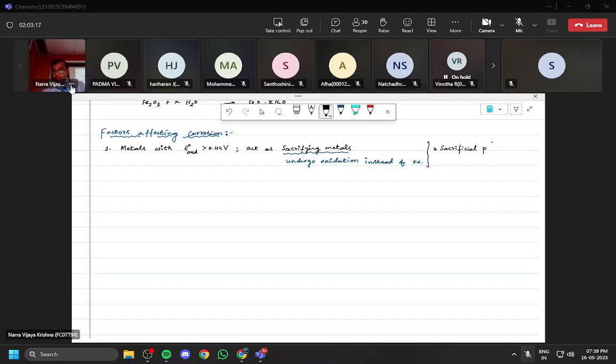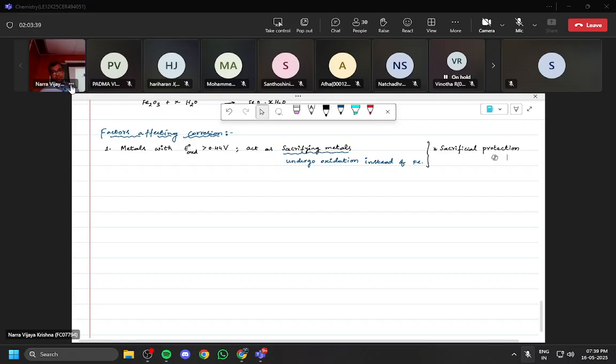Or we call it sacrificial protection. Can I call it protection or not? By applying this much voltage, I can stop oxidation, so I can do protection. So: sacrificing protection, sacrificing metal, sacrificing potential.